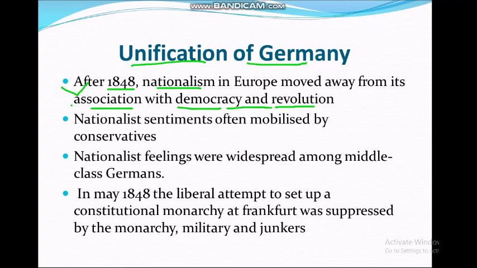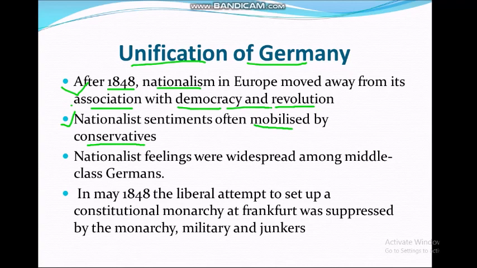Nationalist sentiment was often mobilized by conservatives. The nationalist feelings which were secured by the liberals were now mobilized by the conservatives, changing their trend; that is what mobilized means. Why did they mobilize these nationalist feelings?